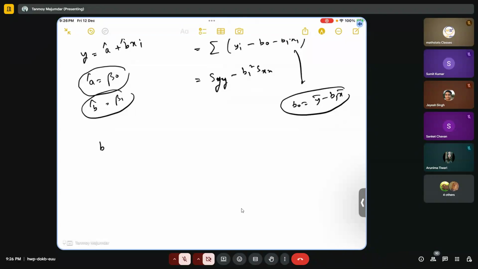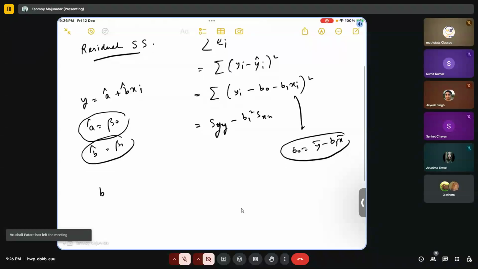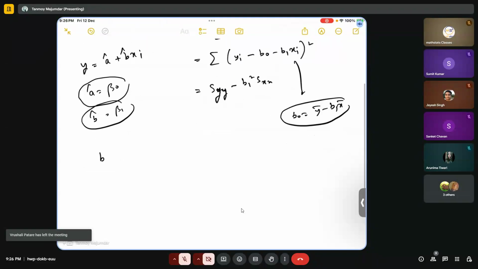सो हम लोग मतलब कोई जब भी एग्जाम में अगर कोई पर्टिकुलर क्वेश्चन पूछ लिया तो हम लोग यूज कर सकते हैं इसको. ठीक है, सो हम लोग इसको लिख सकते हैं एज अ residual sum of squares.